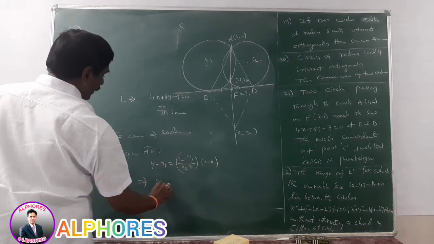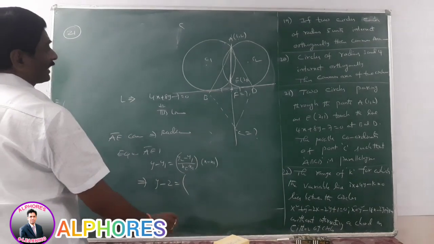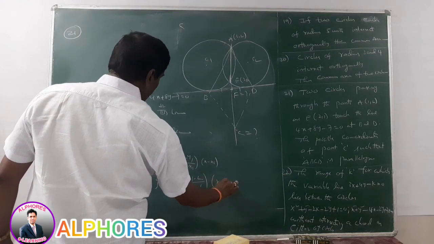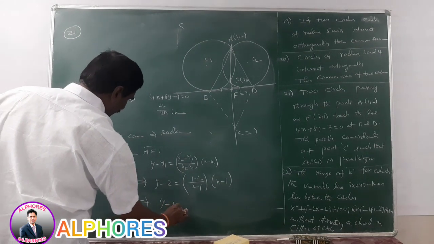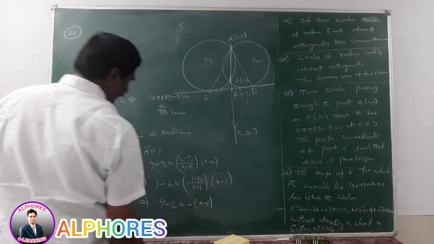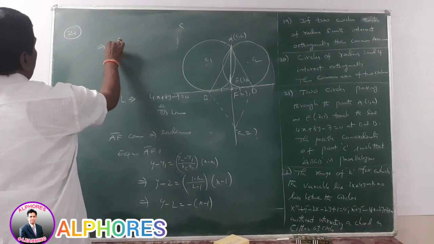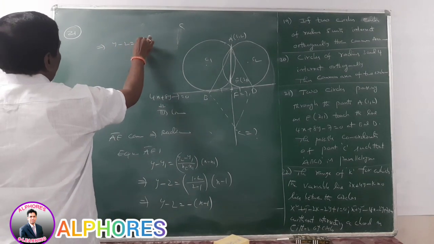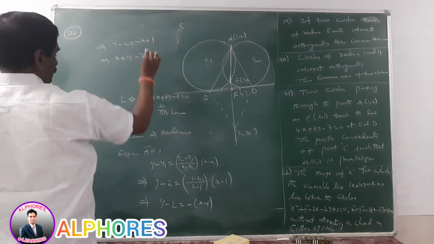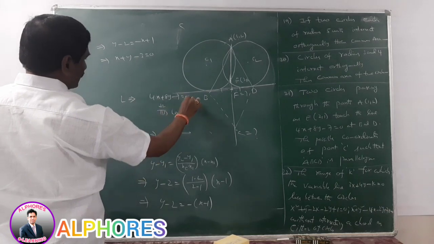That implies y minus 2 is equal to (1 minus 2) by (2 minus 1) into (x minus 1). That implies y minus 2 is equal to minus 1 into (x minus 1). That means y minus 2 is equal to minus x plus 1. That implies x plus y minus 3 is equal to 0. In the previous case, that equation is 1, and this is 2.